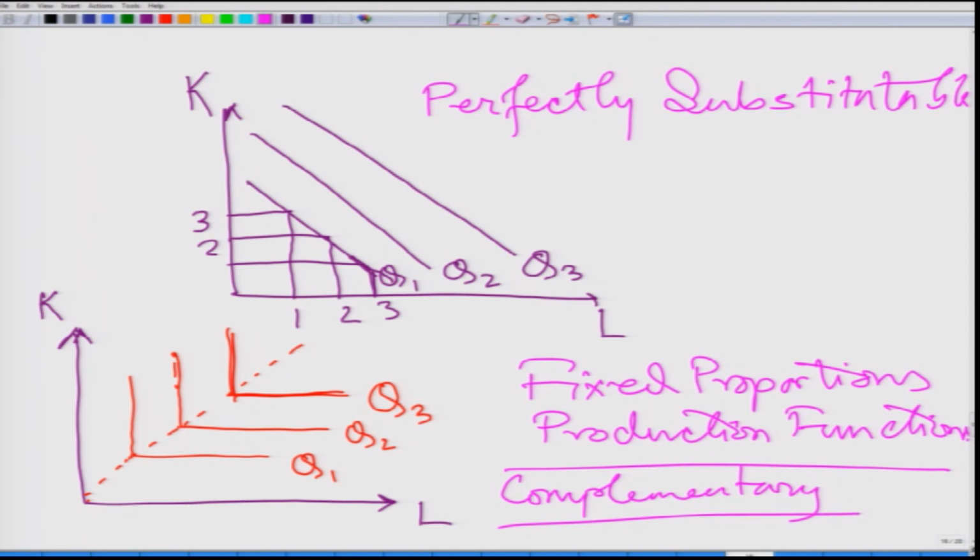What does this mean? Let us take my labor as an X-ray machine operator and my capital as an X-ray machine. Now, one X-ray machine can be operated by one operator.